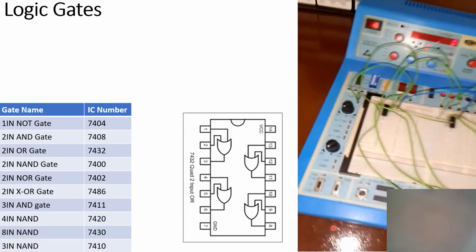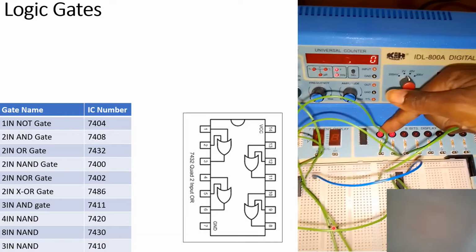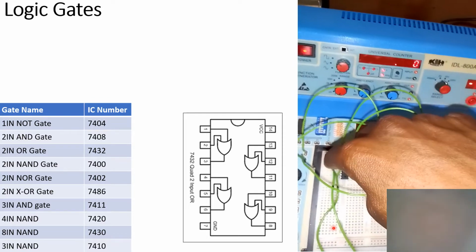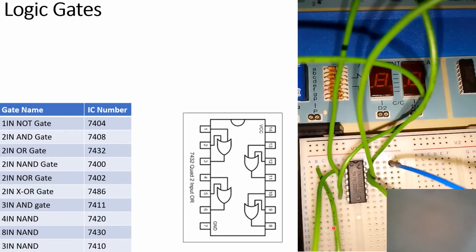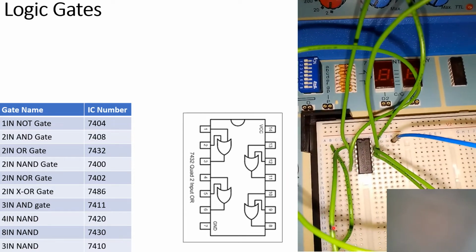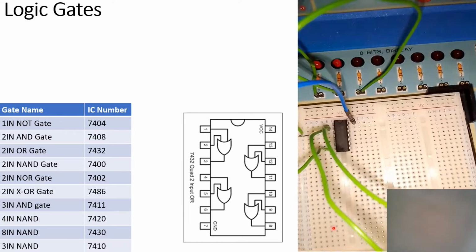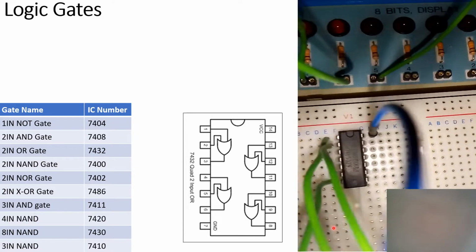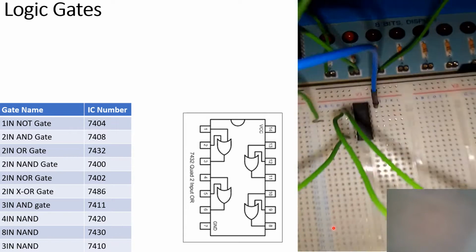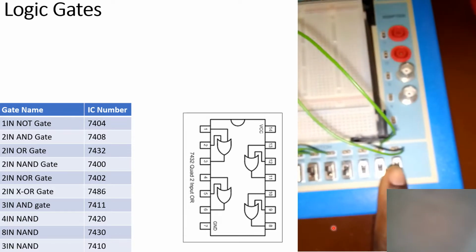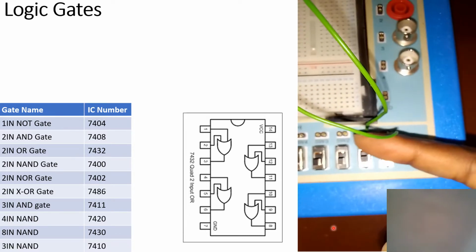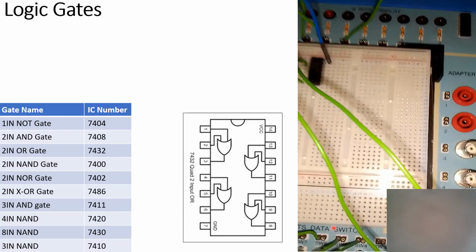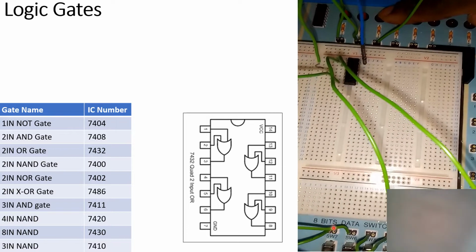Right, so these two are controlled by an AND gate IC, which is that one, and which is 7408, and here I now have an OR gate, meaning to say an OR gate, if we have a 0 and a 0 like what we have here, our output is going to be a 0 here.